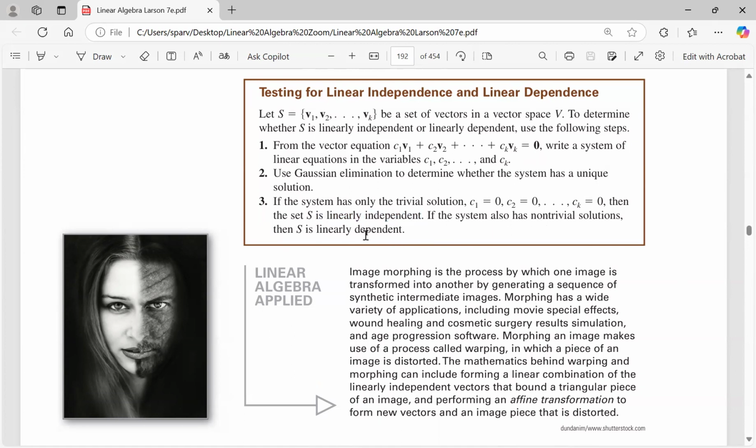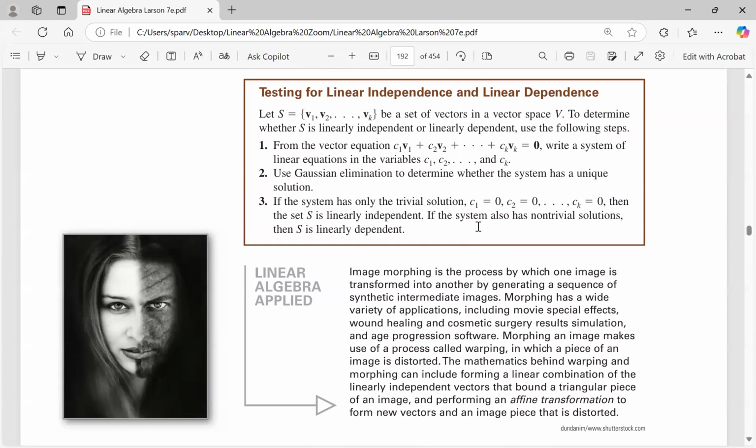Remember, a homogeneous system will definitely have the trivial solution. So this part is true for every homogeneous system. However, to be linearly dependent, the system must also have non-trivial solutions. Okay.